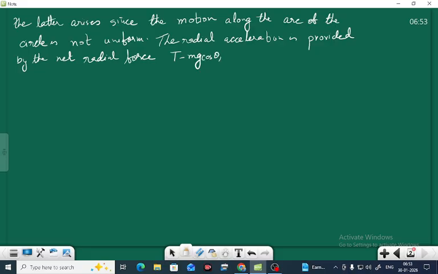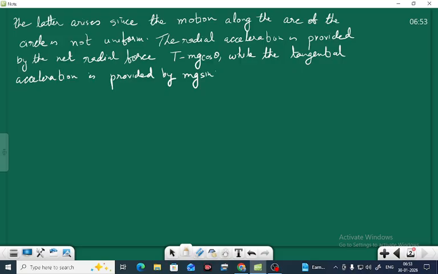For the tangential acceleration, while the tangential acceleration is provided by mg sin theta. So here you see, again I am drawing the pictures of this one.